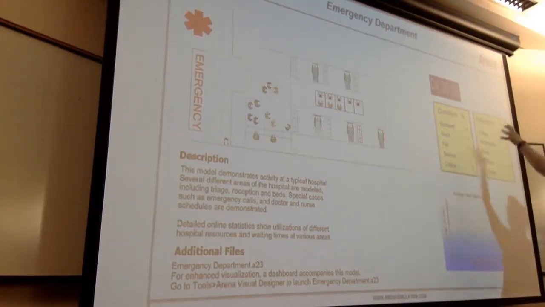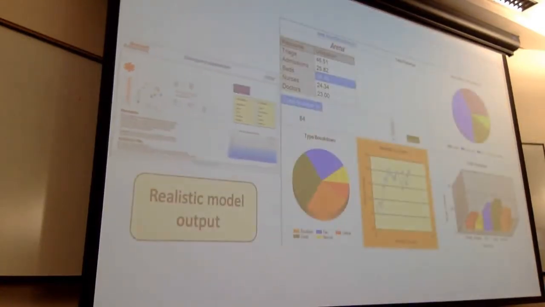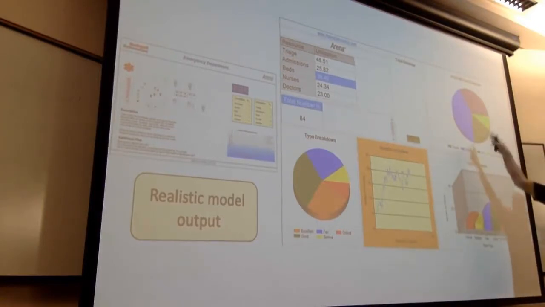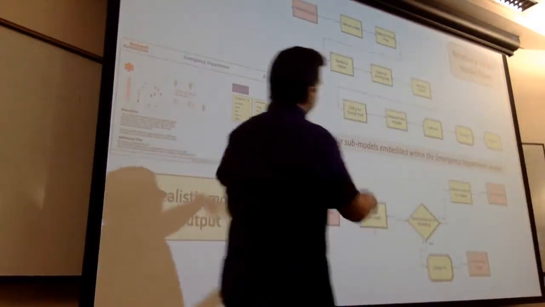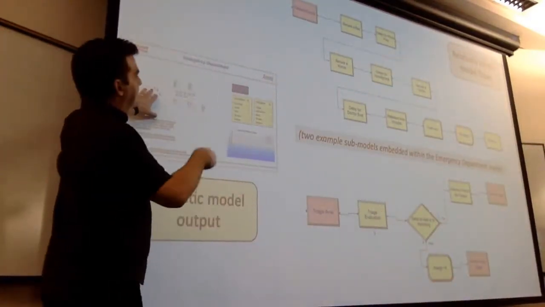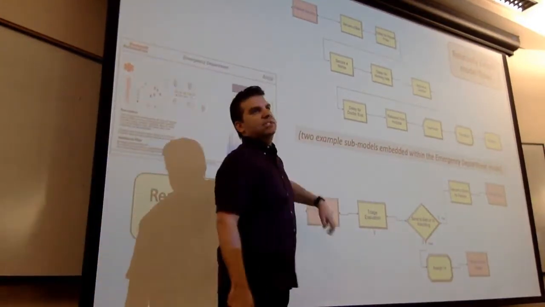And I can keep track of the stats right alongside here, as if I have a God's eye view of a real hospital. And then with those, I can even aggregate those stats. These are right inside Arena. It can give you all these different data that come right out of that model. And inside, what's actually driving this is just a relatively simple set of flowcharts that look just like this.